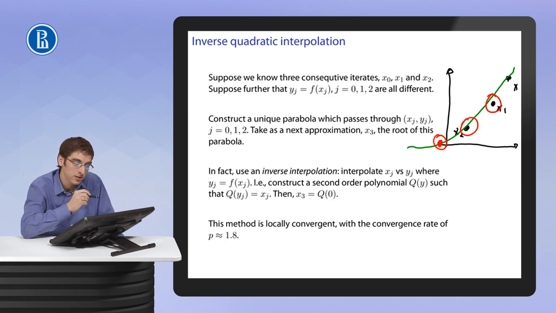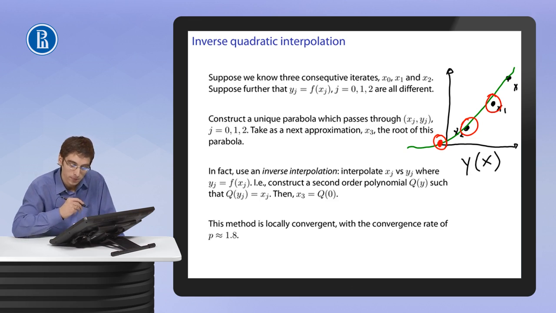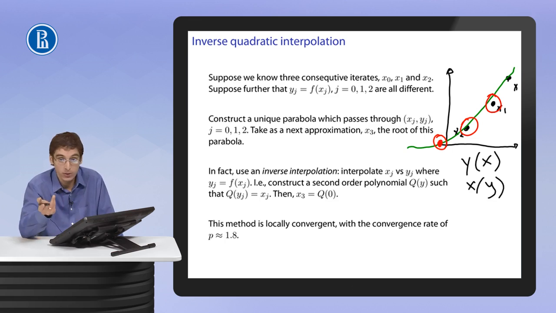Instead of interpolating y versus x, you can do inverse interpolation. You can interpolate x versus y. You still have 3 points, so it doesn't matter which ones you interpolate.